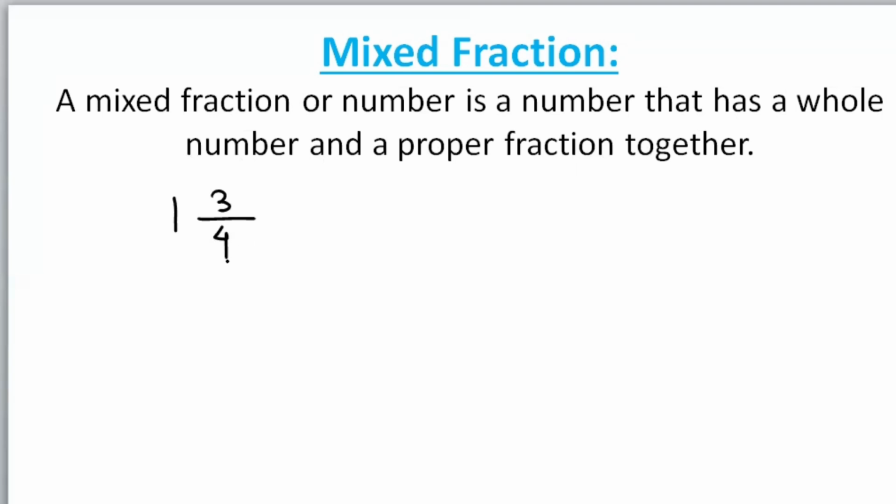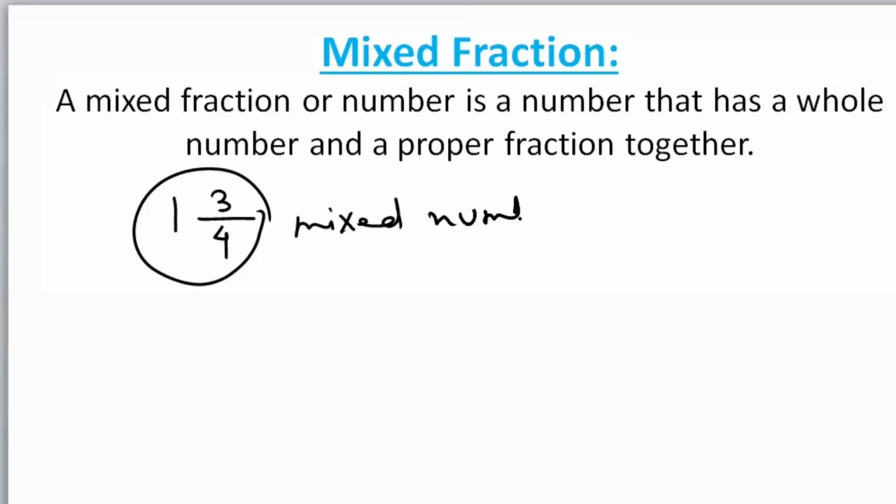So together it makes a mixed number, or mixed fraction. If it has only a proper fraction, then it will not be considered a mixed number. For being a mixed number, it should have one whole number as well as a proper fraction together. Okay?